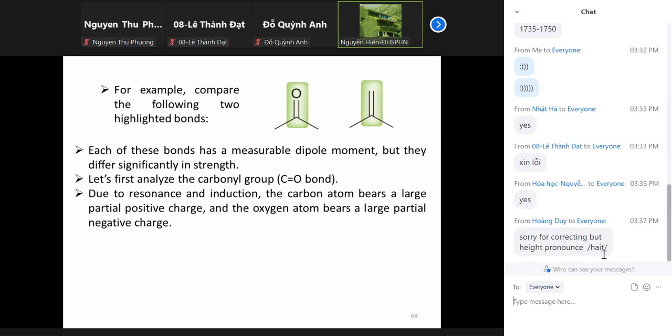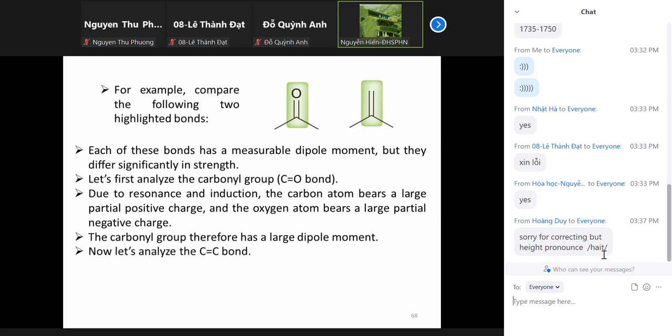Due to resonance and induction, the carbon atom of the carbonyl group will have a very significant partial positive charge, while the oxygen atom has a significant partial negative charge. And therefore, the carbonyl group will have a large dipole moment.